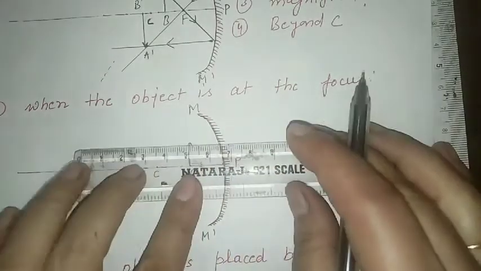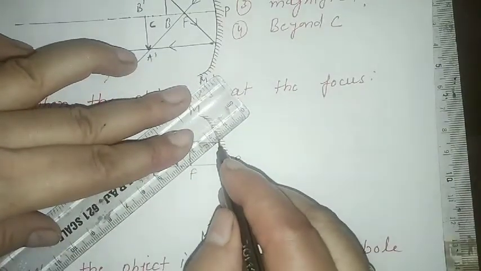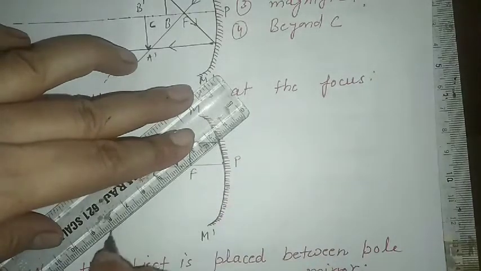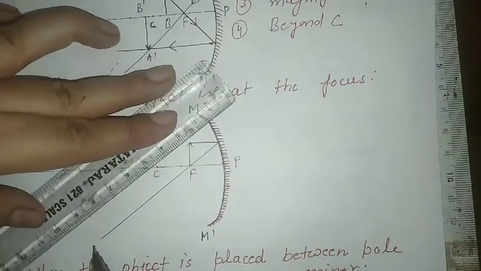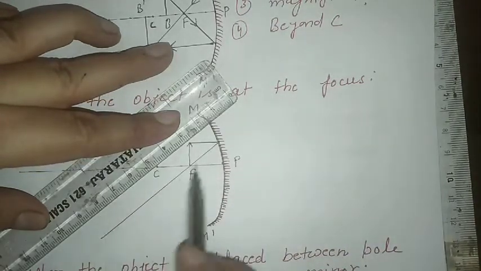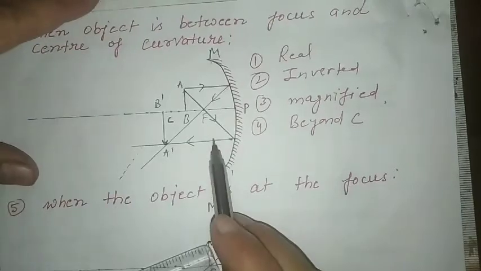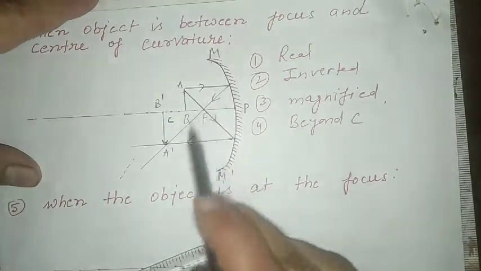One ray is parallel to the principal axis, and after reflection passes through the focus, and one ray will pass through the center of curvature. Now this time, the second ray cannot pass through the focus again, just like in the previous case, because the parallel ray passes through the focus.